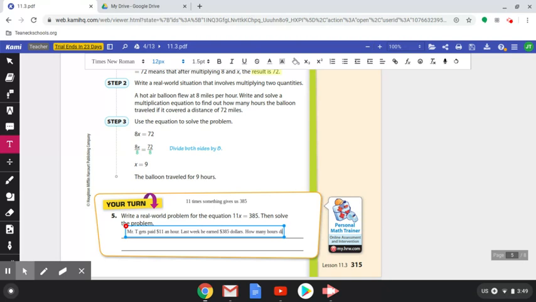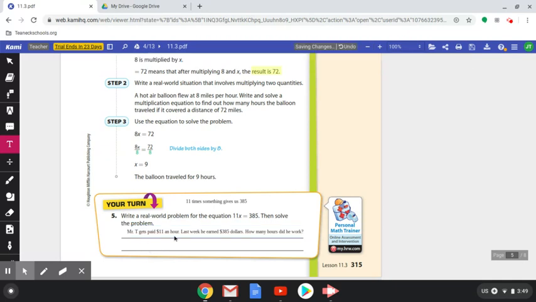How many hours did he work? Right? Because that would be $11 an hour, and for however long I worked, I made $385. Well, now we can actually figure this out.